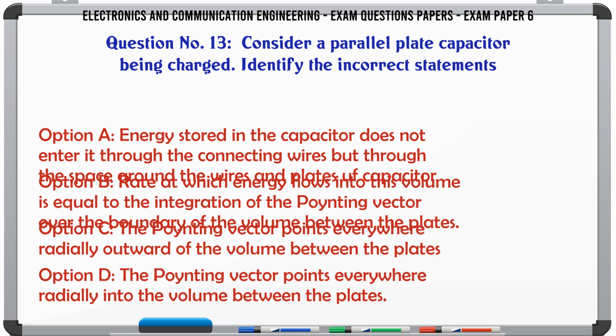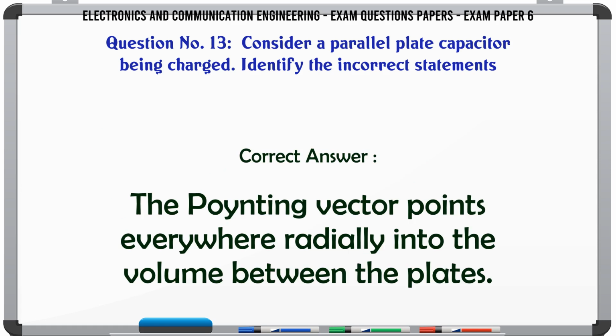C. The Poynting vector points everywhere radially outward of the volume between the plates. D. The Poynting vector points everywhere radially into the volume between the plates. The correct answer is: the Poynting vector points everywhere radially into the volume between the plates.